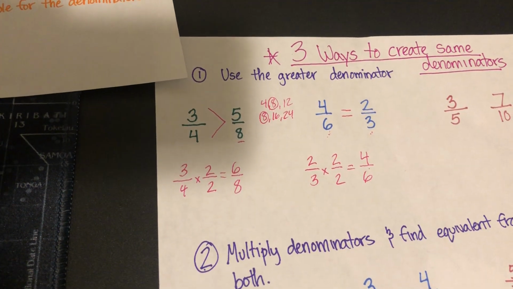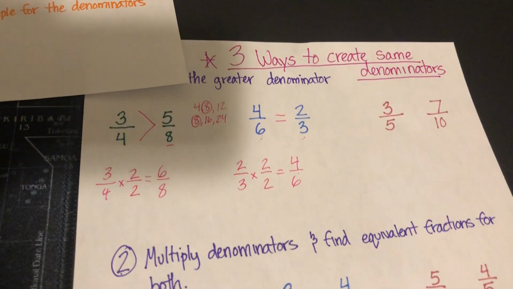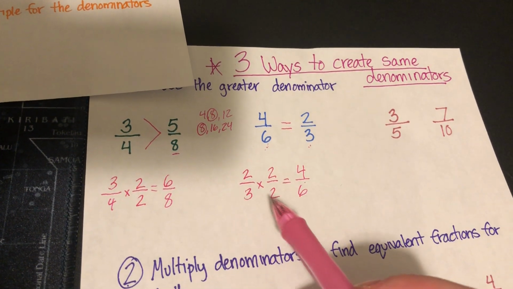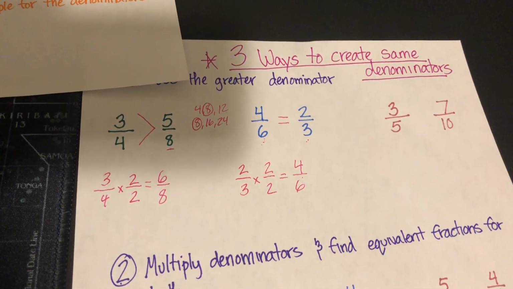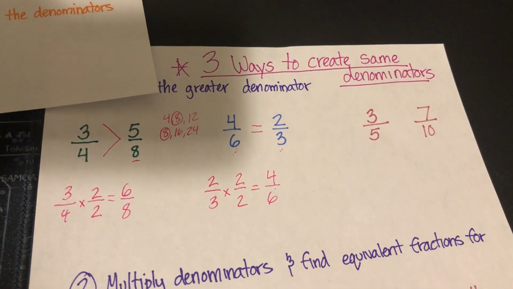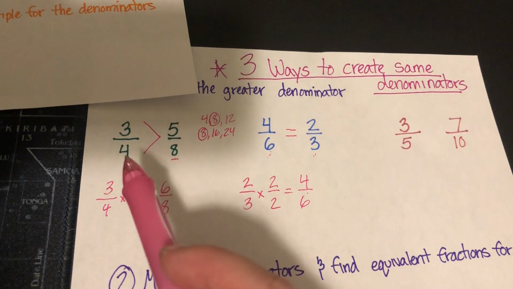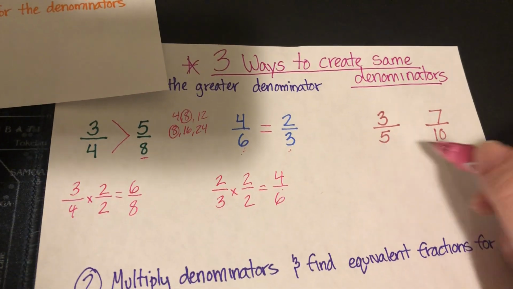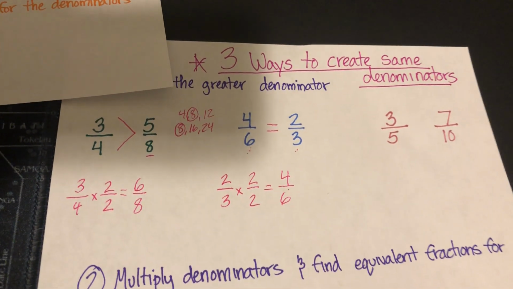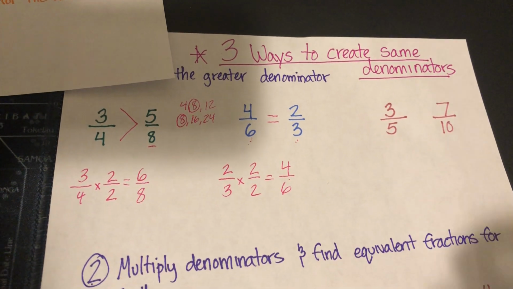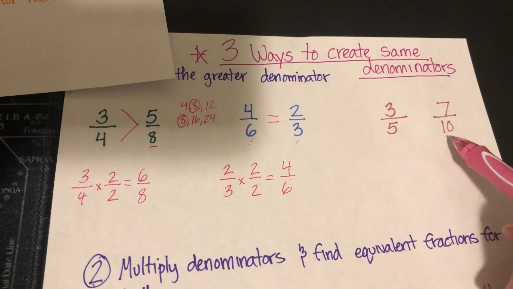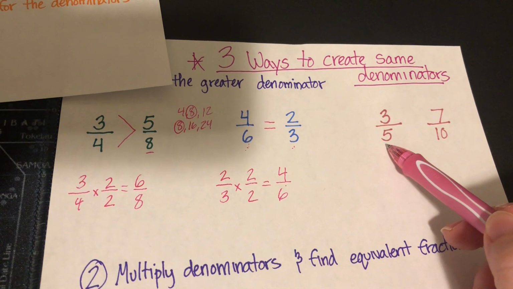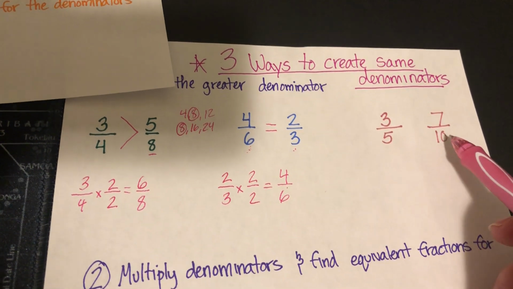How cool is that? All right. And we were able to tell that by multiplying 2/3 times 2 over 2. Okay, now let's do one more. Okay, so the 3, we got that one, now we're going to do this one. 3/5 or 7/10, which one is bigger? They're totally different fractions, but I do notice that on the denominators, 5 is a factor of 10, 10 is a multiple of 5.